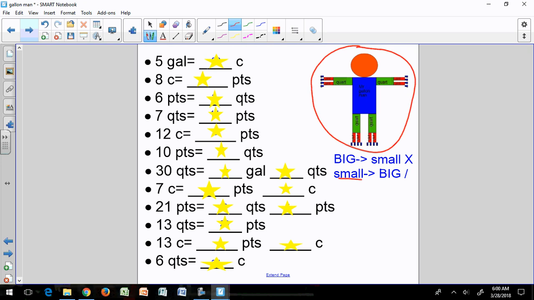And if we're going from a small unit to a big unit, we divide. Fly to horse, divide. If we're going from something small like a fly to something big like a horse, or from cups to pints, you would divide. There's going to be fewer pints than there would be cups in that capacity.